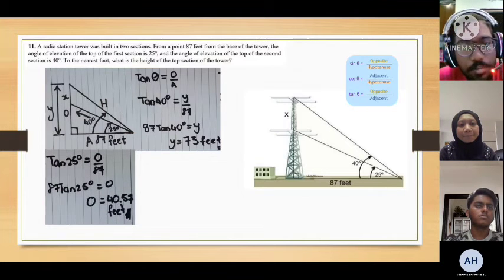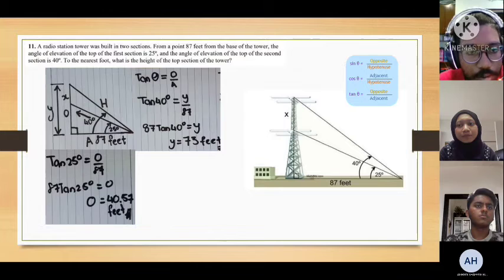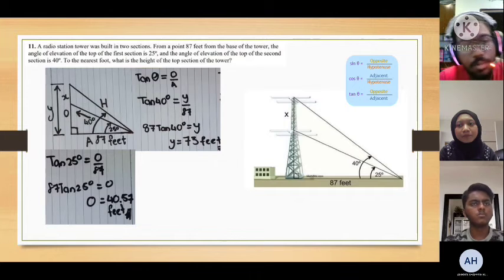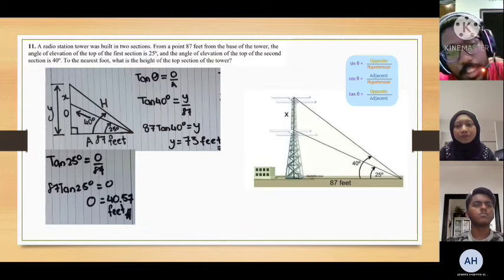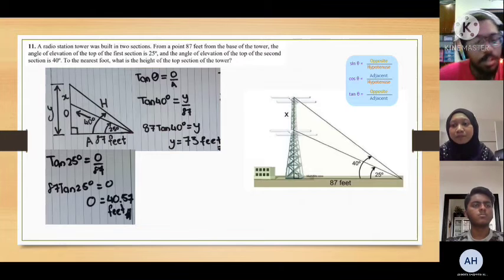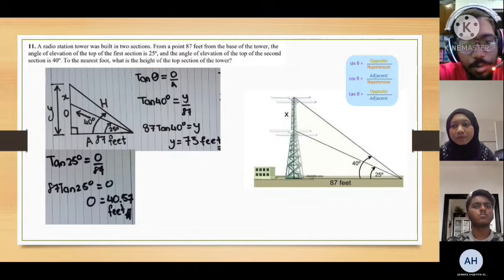Then to find the below section height, you should use tan 25 degrees equals opposite over 87. Using the calculator, 87 tan 25 equals o, and you will get o as 40.57 feet.